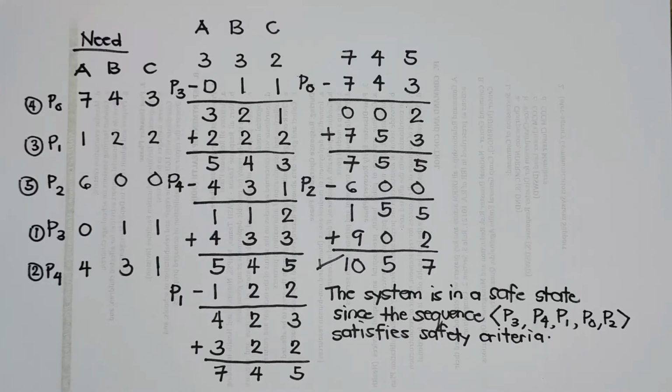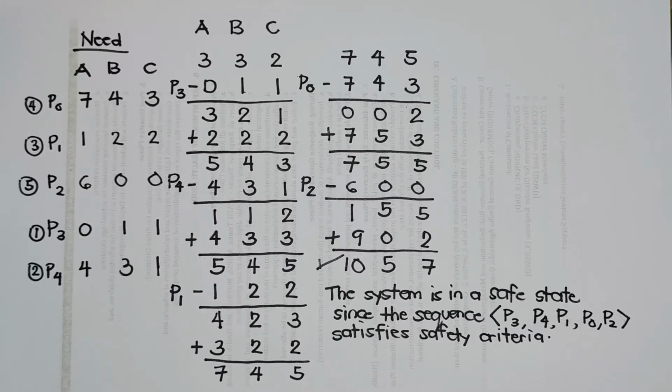But, for example, in your first try, the processes did not finish. You have to exhaust all of the sequences available. And then, if you have exhausted all of these available sequences and it does not execute all the processes, it means these sets of processes are in a deadlock or in an unsafe state.